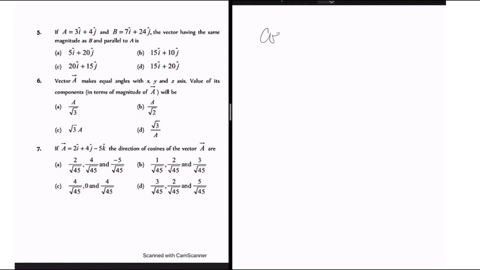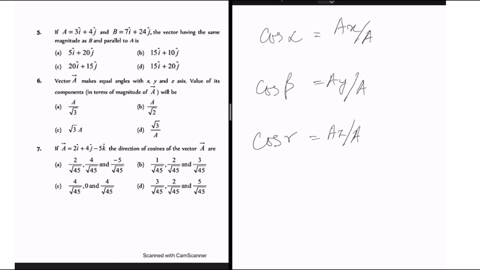Cos alpha, cos beta, cos gamma are Ax upon A, Ay upon A, and Az upon A.